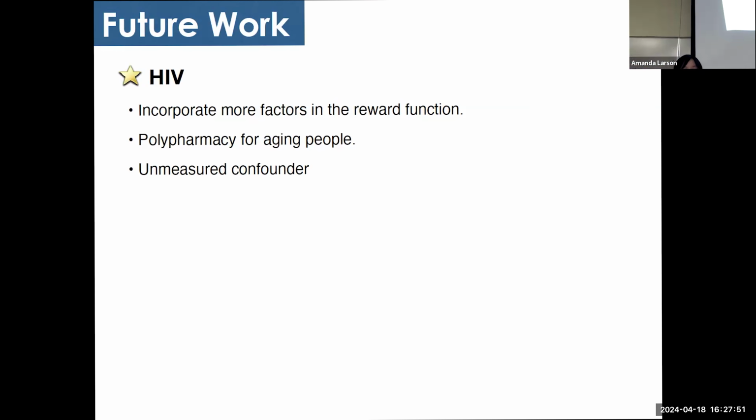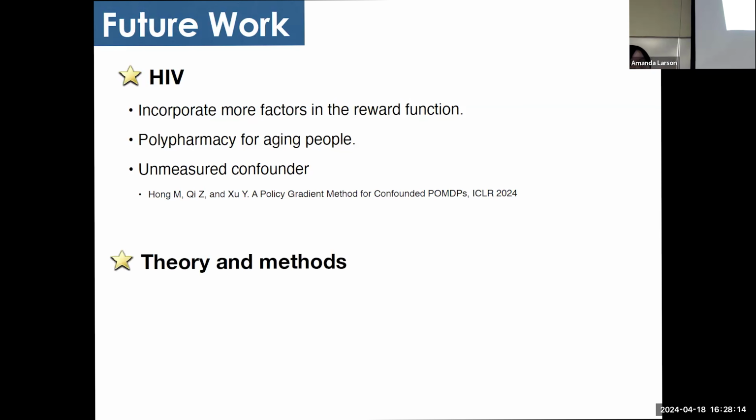Another one is unmeasured confounders. We now assume everything is observed, but in the causal literature there are challenges about unmeasured confounders. My group is developing some theory, but we're still figuring out how to combine the theoretical parts into practical algorithms. Again, there are also other methods, for example how to quantify the state-action pair uncertainty.